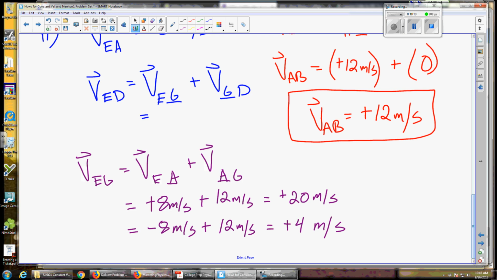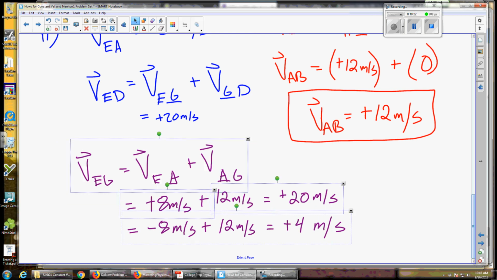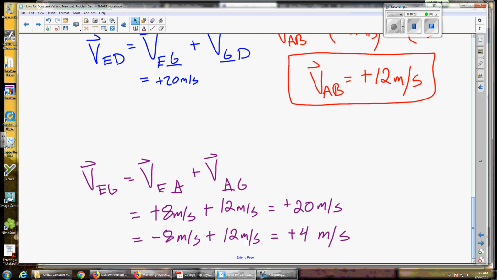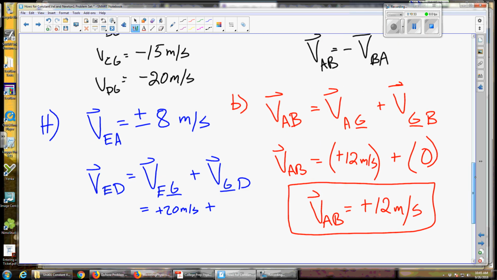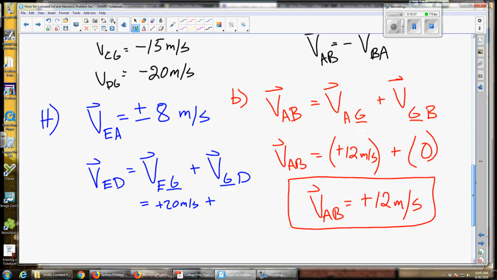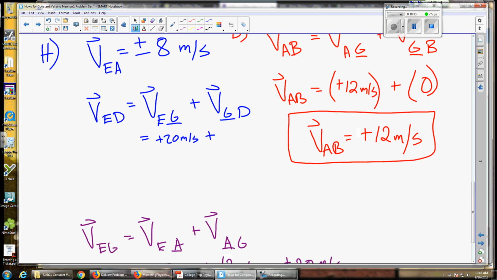So if I use E to the ground as plus 20, plus 20 plus, now D to the ground is negative 20, so the ground to D is positive 20 meters per second.